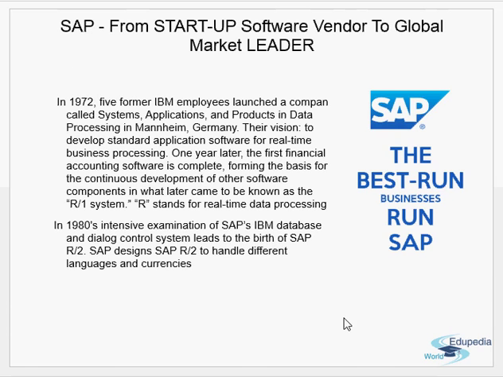Initially they came with R1, where R stands for real-time data processing. Then in the 80s they developed R2, to handle different languages and currencies. It had an IBM database at the back end.